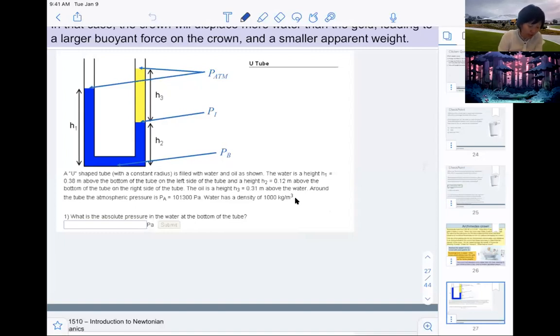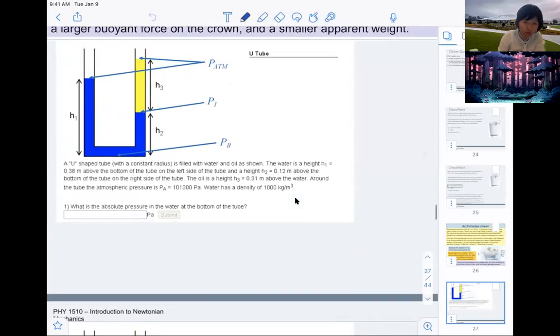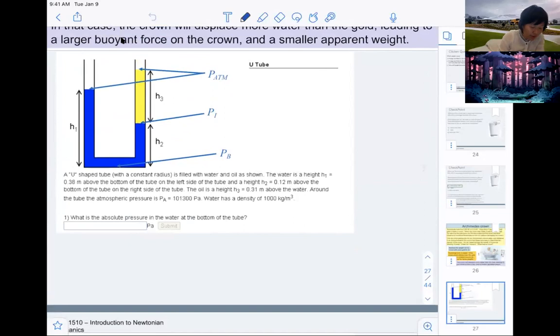So we're trying to answer the first three questions of this homework problem together, okay? You're given a U-shaped tube, and you filled it with these: the blue is water, and the yellow is oil. The oil stays on top of the water. The height on the left-hand side is H1.